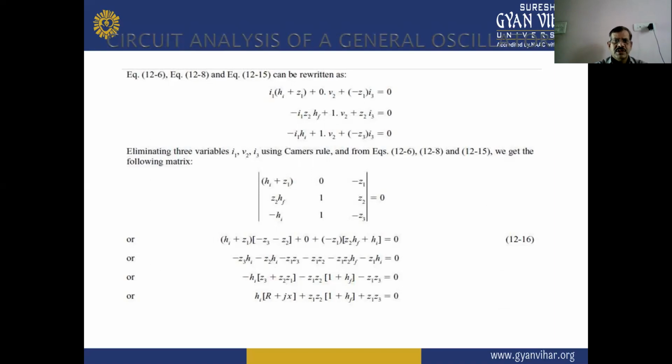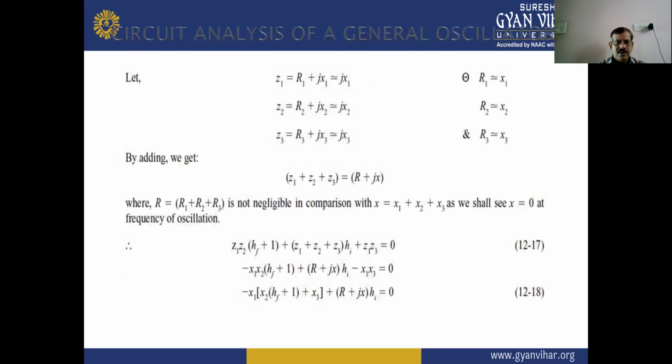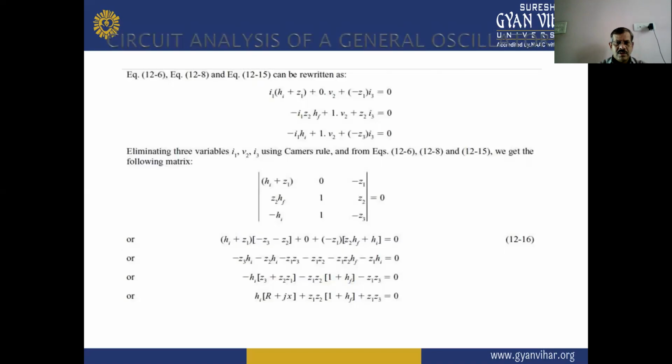So these equations can be written in three variables I1, V2, I3 using Cramer's rule, and from these equations we get the following matrix. After solving this matrix, we have the following equation given here.